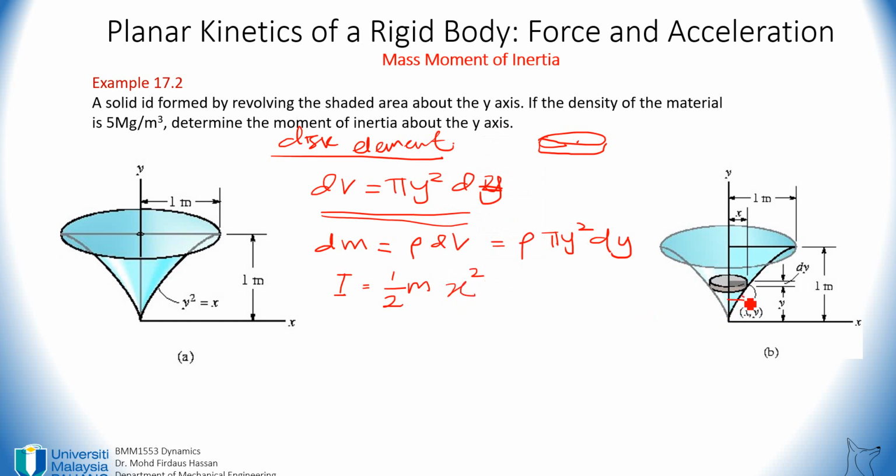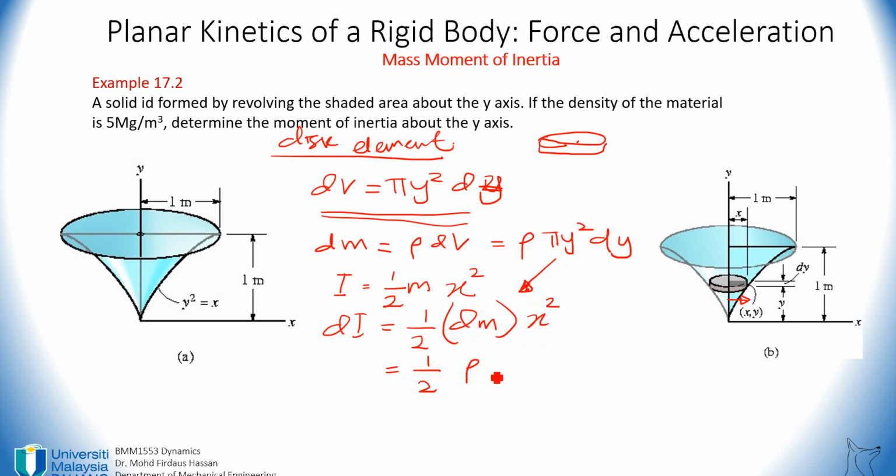So if I differentiate this one, the change of I, dI, is equal to the change of m, dm, times half x squared.